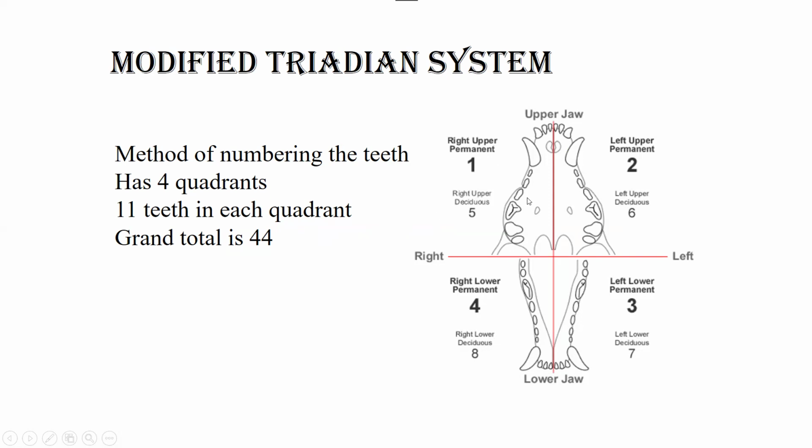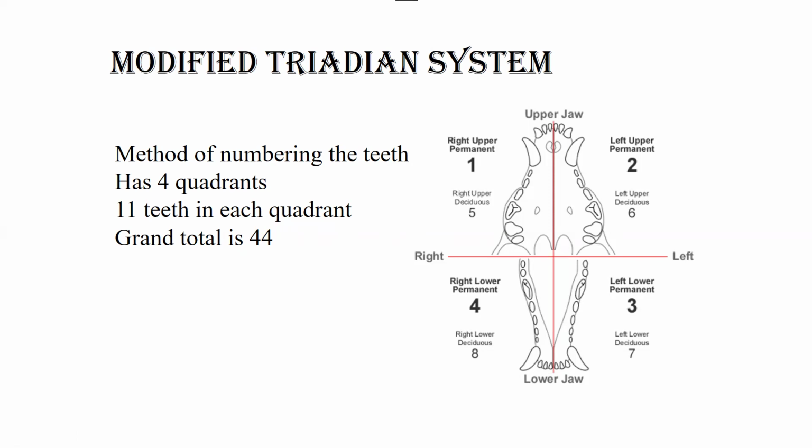Next, in each quadrant we have 11 teeth, so we have a grand total of 44 teeth in all four quadrants. And this is set as a standard. Why was this system made?